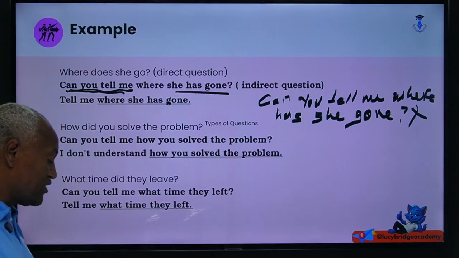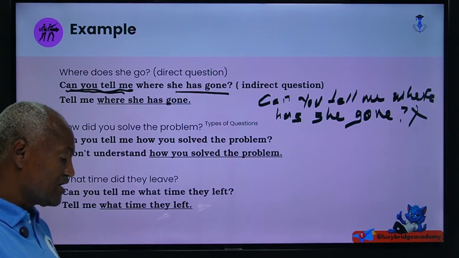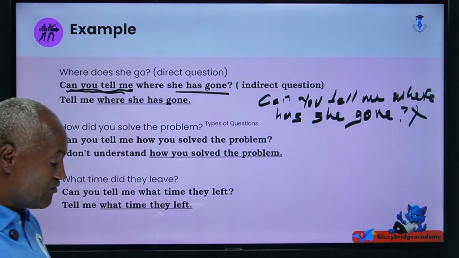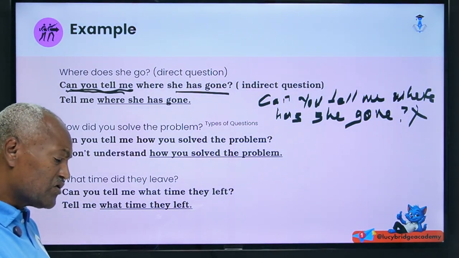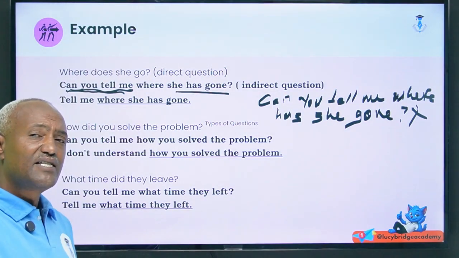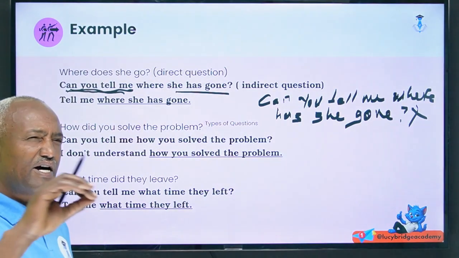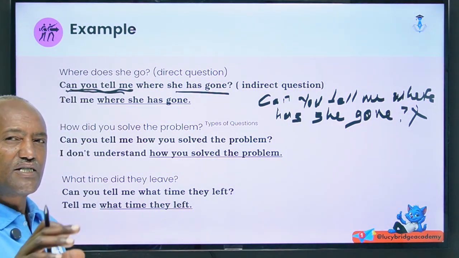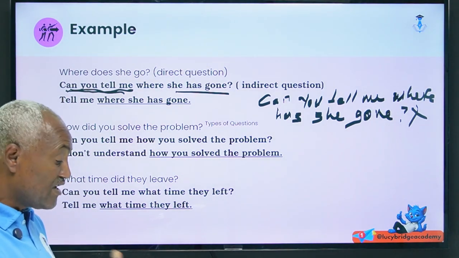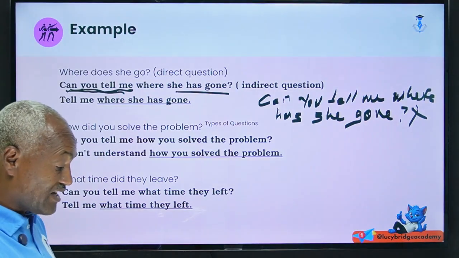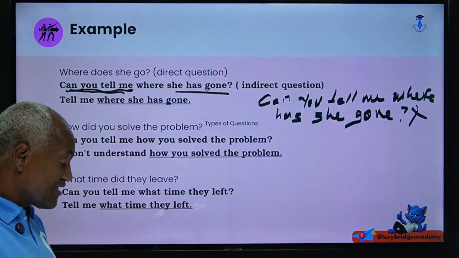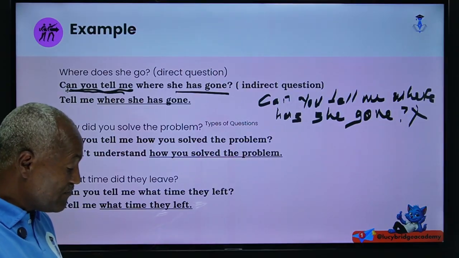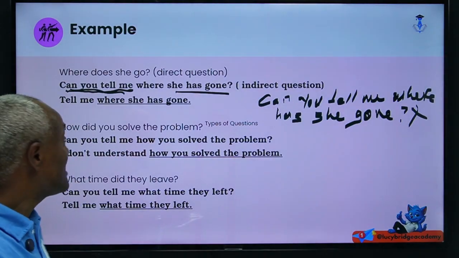The same thing. When you see different examples, I'm pretty sure you will be very familiar with that. Most of the time, you may be asked in the national exam to do arrangement of words, these scrambled words. If you are asked that type, it helps you. The other important point is that when we begin with "can you tell me," it carries what?